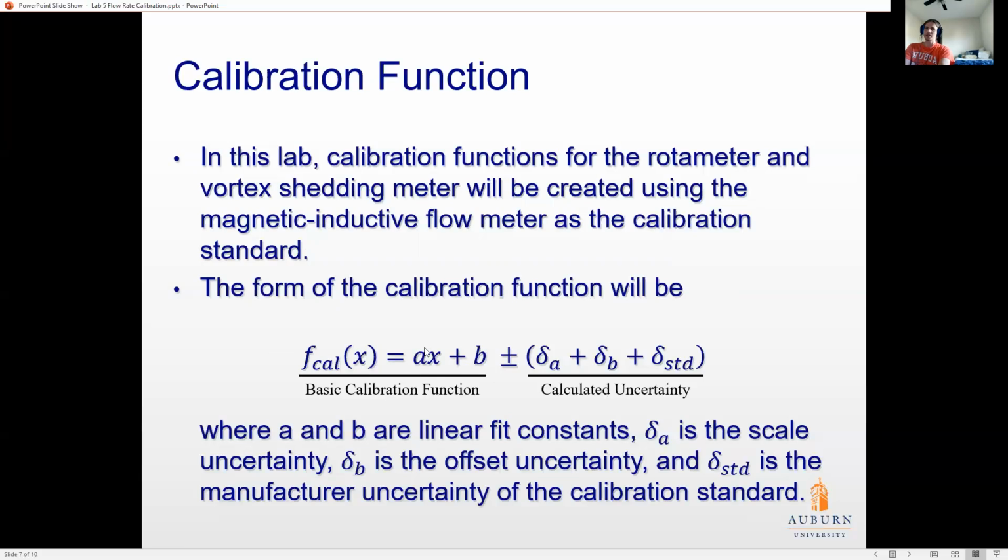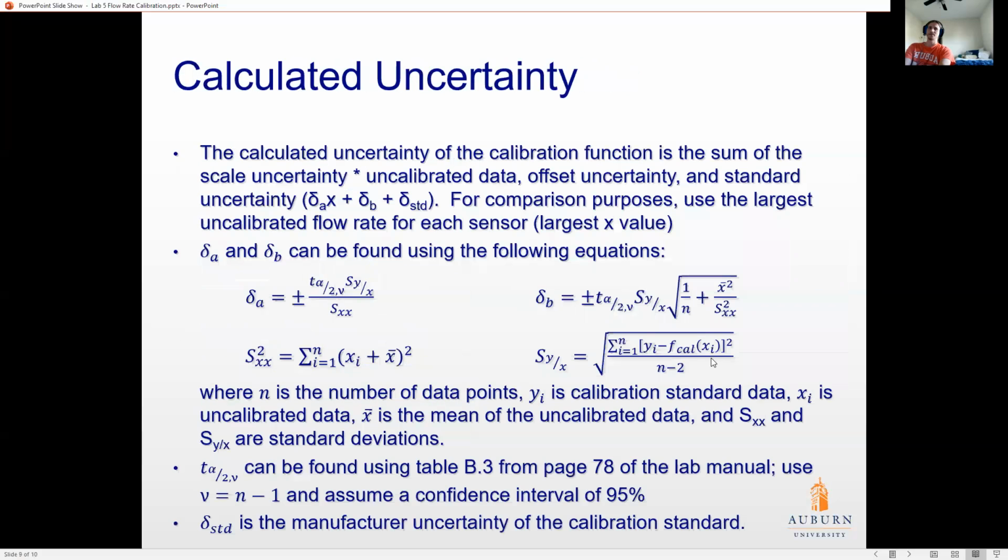Your X's, A's, and B's will all be different between those, and your calibration numbers will be different. Del standard will be the same because it's just the manufacturer-claimed uncertainty of the sensor you used as a standard.